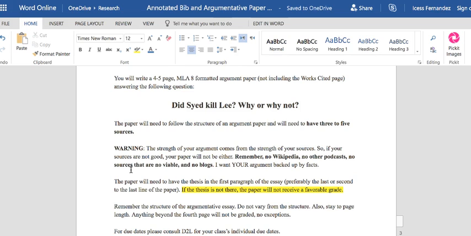Your entire paper revolves around these two questions. Did Syed kill Lee? Why or why not? So I'm pointing this out so that you start to focus your research more and start to focus your information more. I know it's really easy to say, no, I think this person did it and I think that person did it.